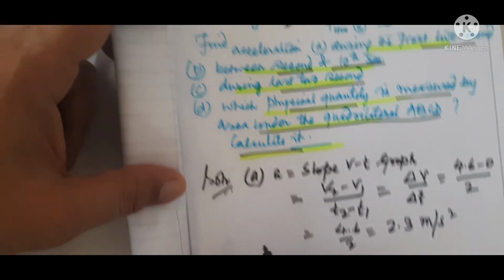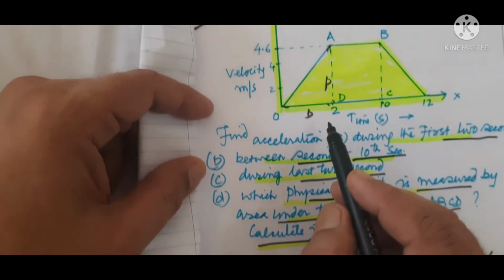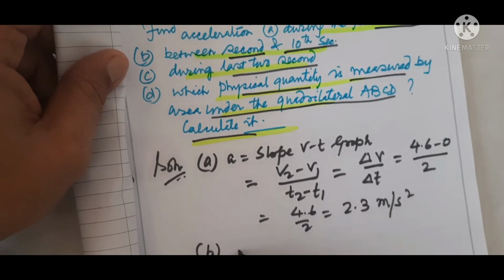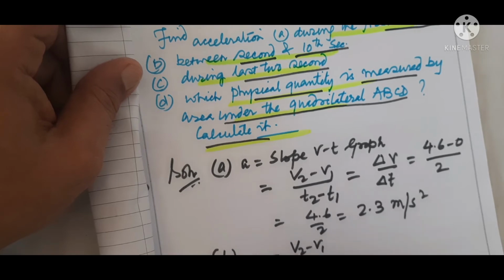Part B: acceleration between the second and the 10th second. Again, change in velocity, V2 minus V1 by T2 minus T1.